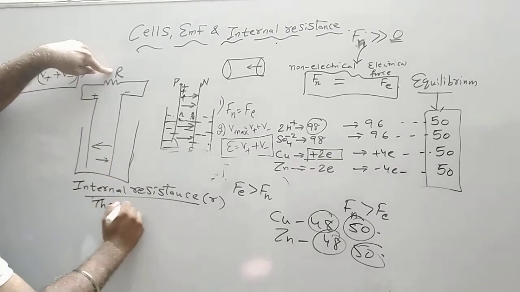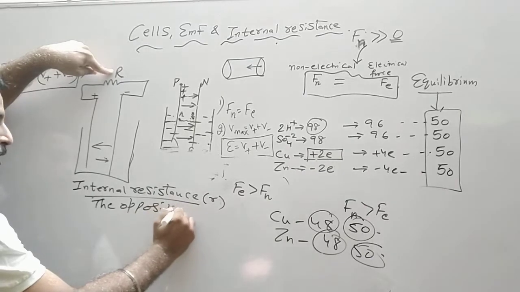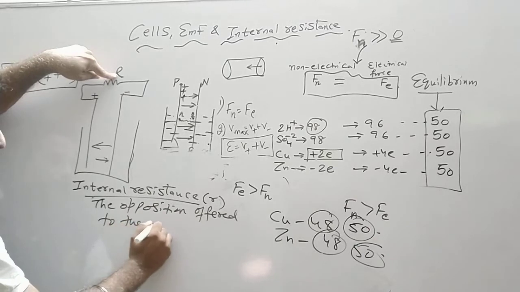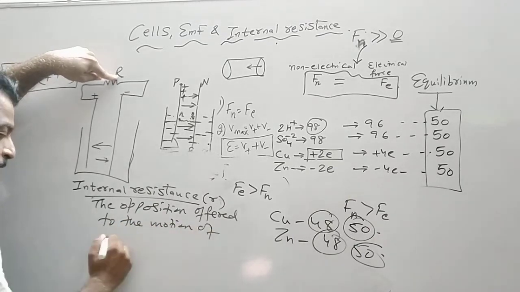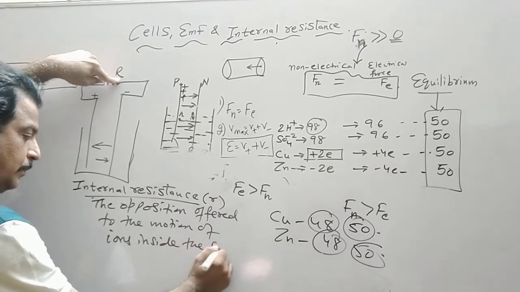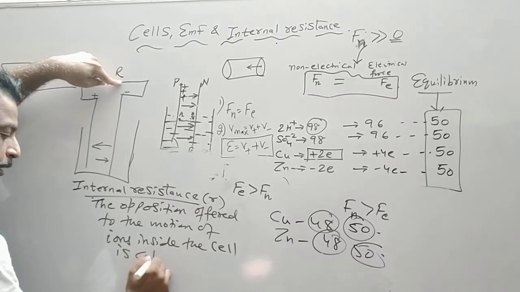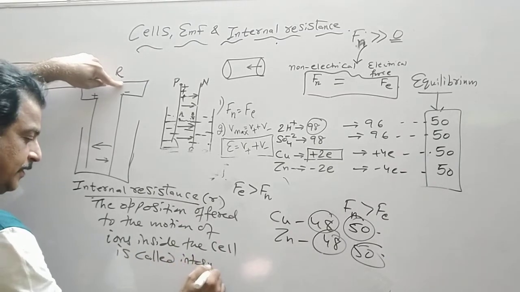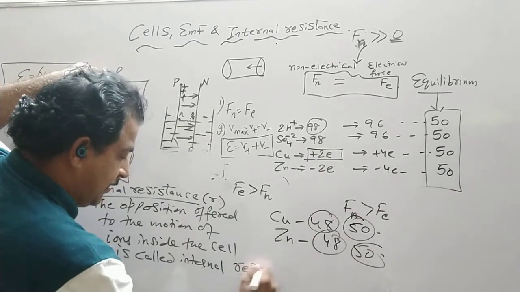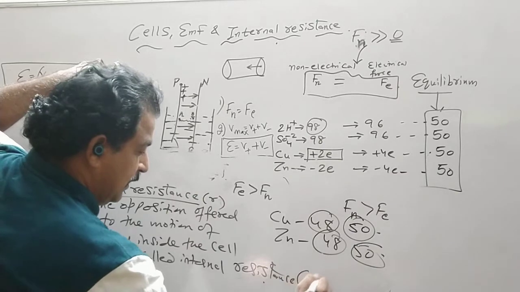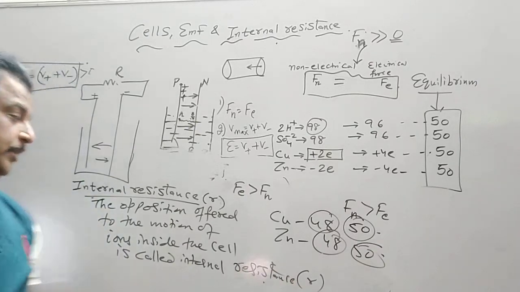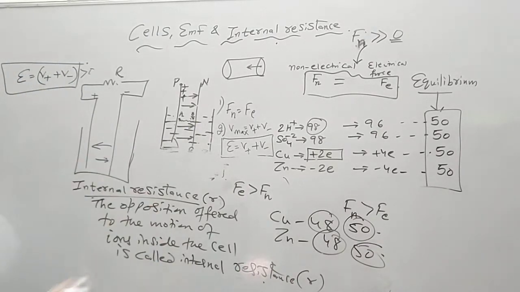So the opposition offered to the motion of ions inside the cell is called internal resistance, denoted by small r. This internal resistance is due to many factors.